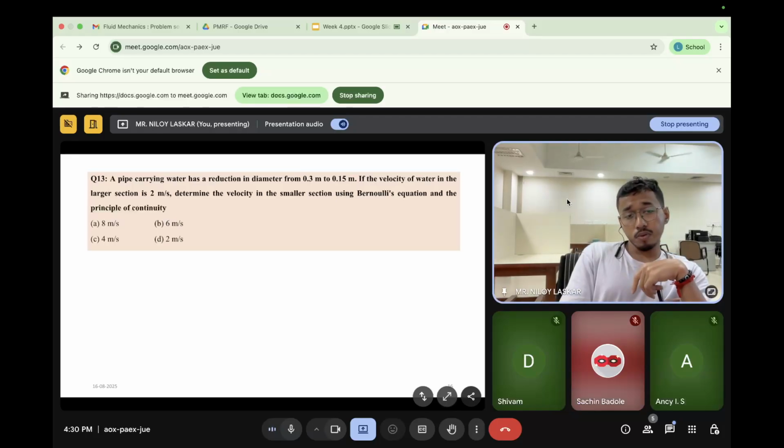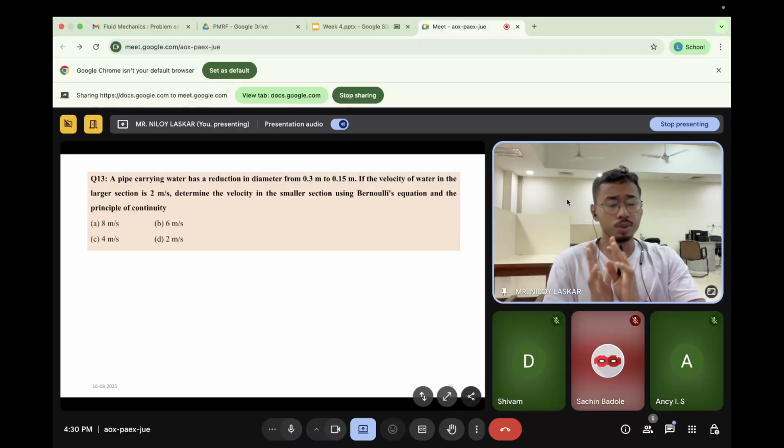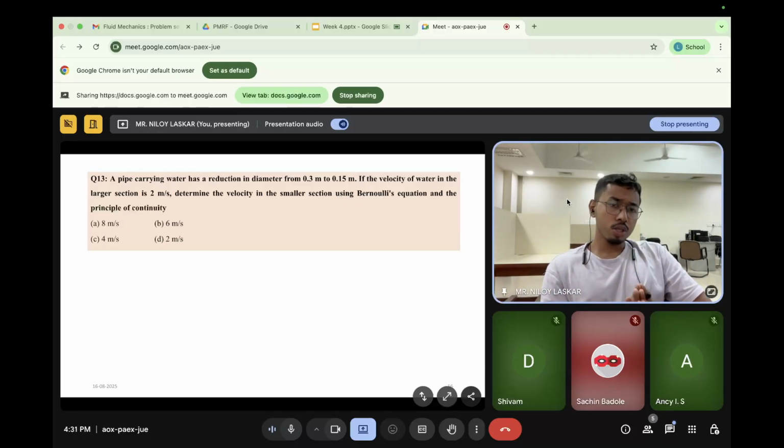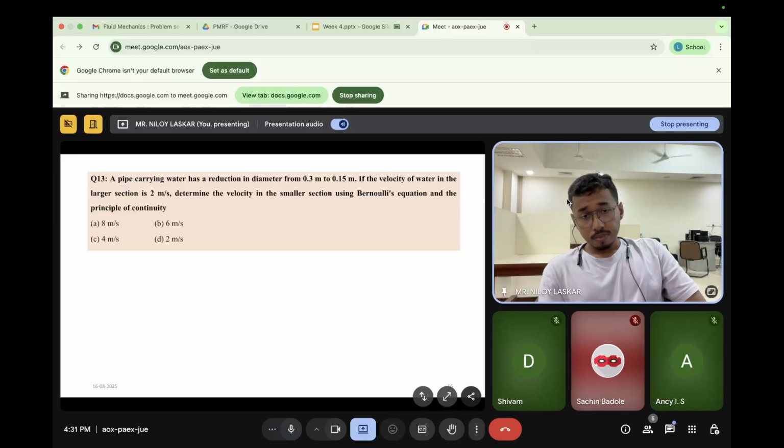Even if you forgot other concepts, if you understand the continuity equation, momentum equation, and Bernoulli's equation, you can bring at least 4 to 5 marks in GATE, because most of the fluid mechanics concepts are based on these.